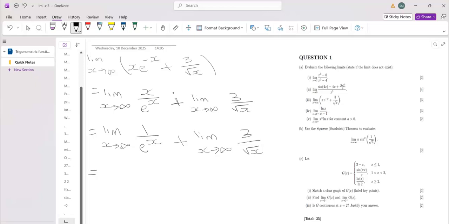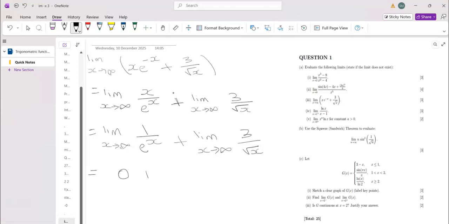And if we try to find the limit here, if we substitute infinity here, we're just going to have 1 divided by a very large number, and 1 divided by a very large number is going to become 0, right?